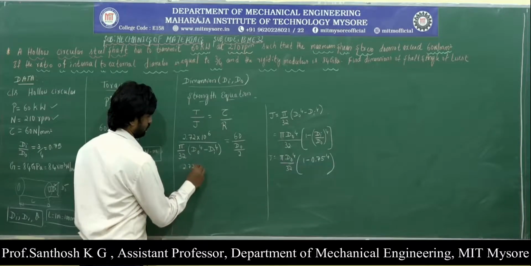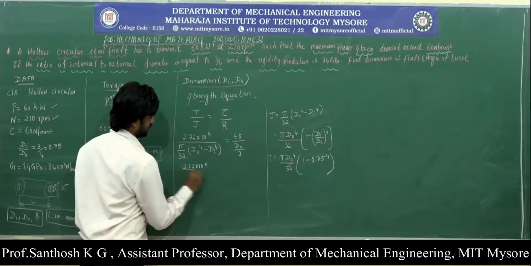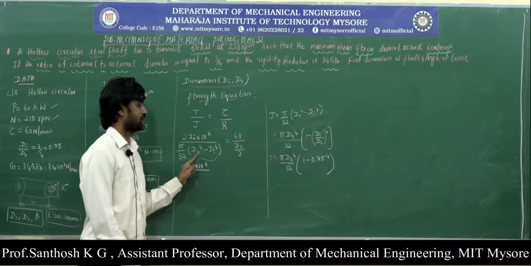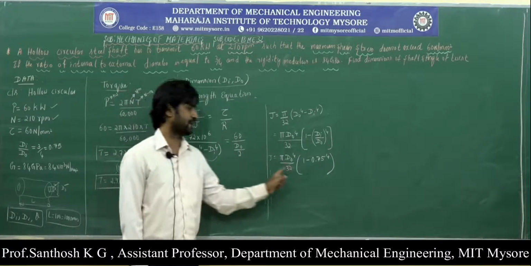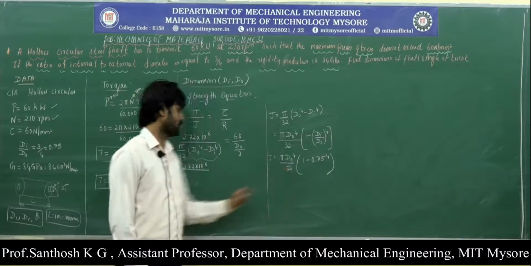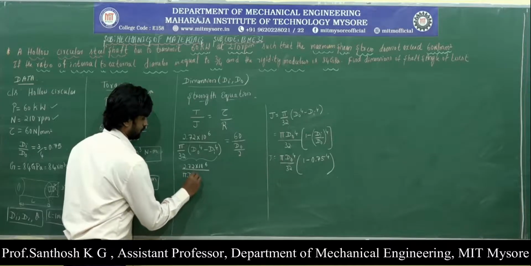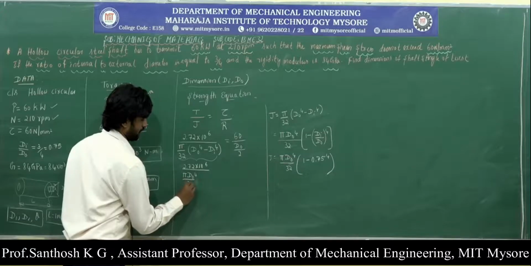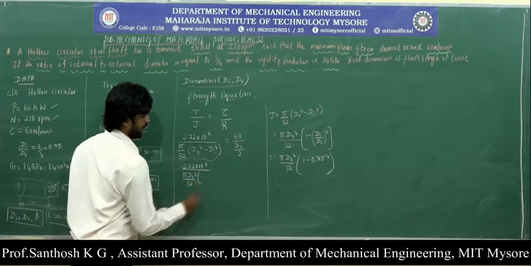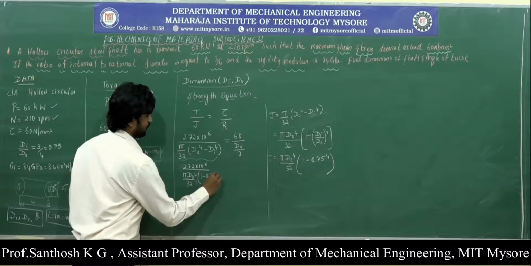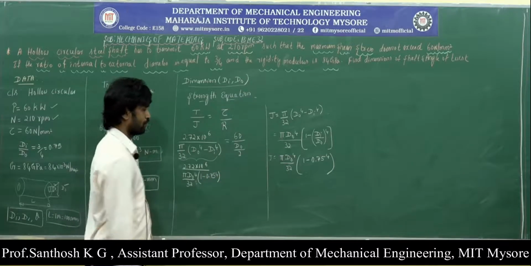So we have 2.72 into 10 to the power of 6, and in place of pi by 32 into d naught to the power of 4 minus di to the power of 4, I am going to write pi d naught to the power of 4 divided by 32 in bracket 1 minus 0.75 to the power of 4.